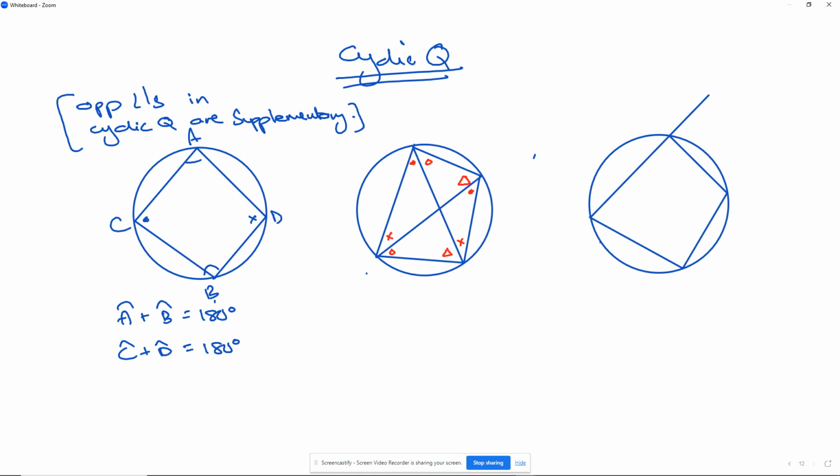This is angles in the same segment, repeated from previously, right? So angles in the same segment, or angles subtended by equal chords. All right, this is the chord, and it subtends the same angle. Okay, so angles in the same segment, or angles subtended from the chord, are equal.